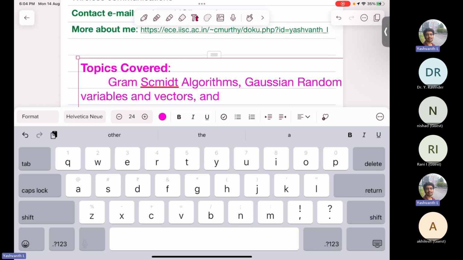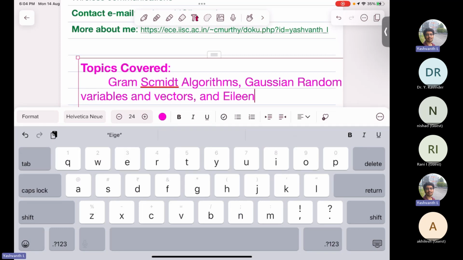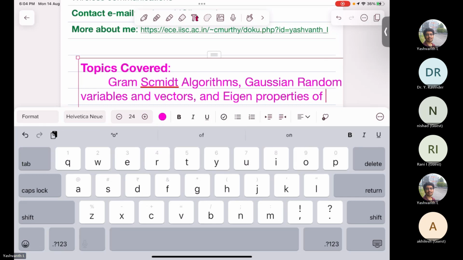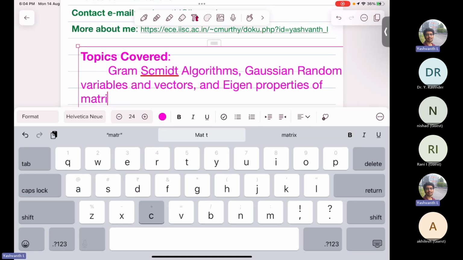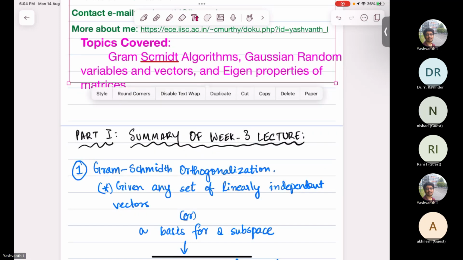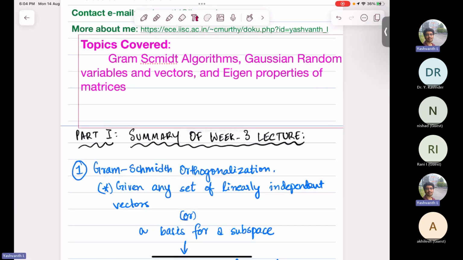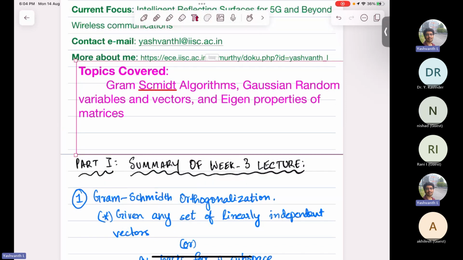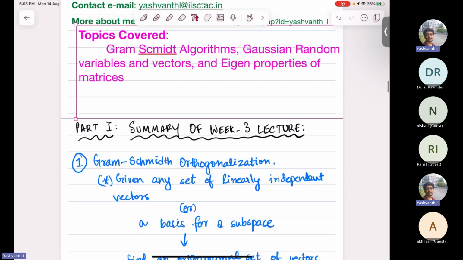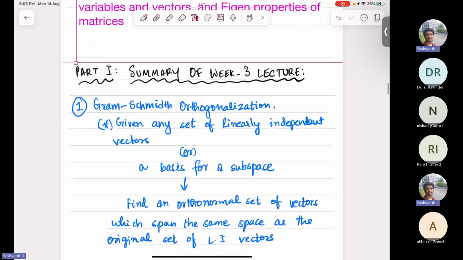And finally we're going to touch upon some eigenvalue properties. So that's going to be the agenda for today: the Gram-Schmidt algorithm, Gaussian random variables and vectors, and some eigen properties of matrices.